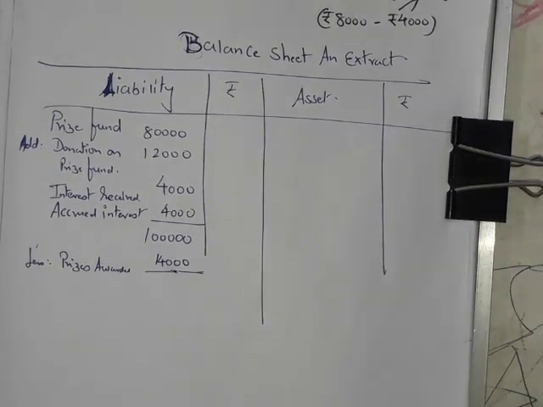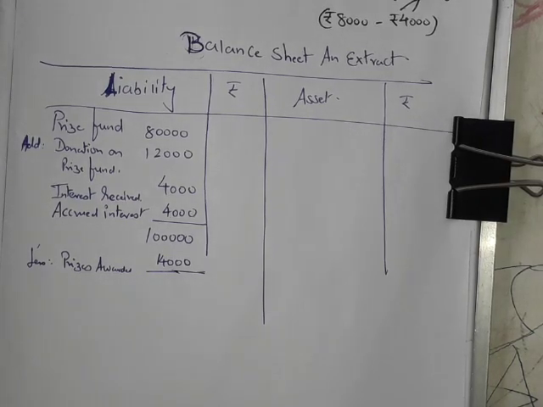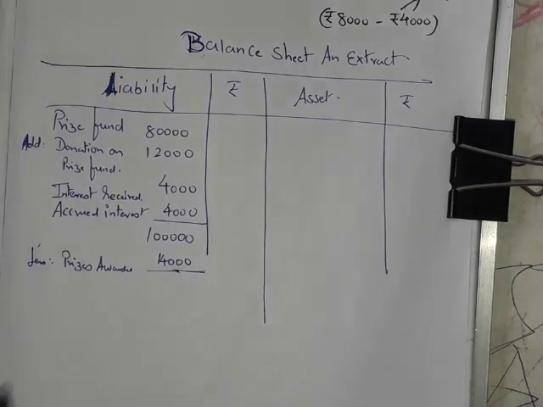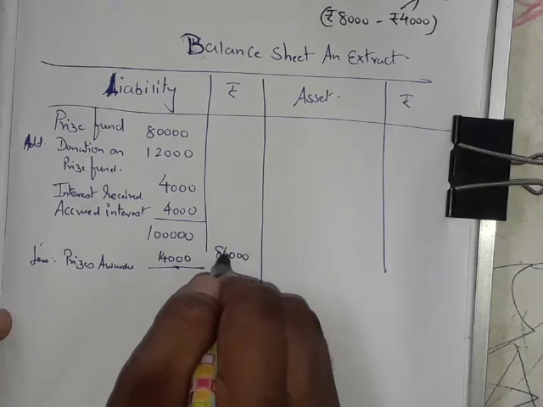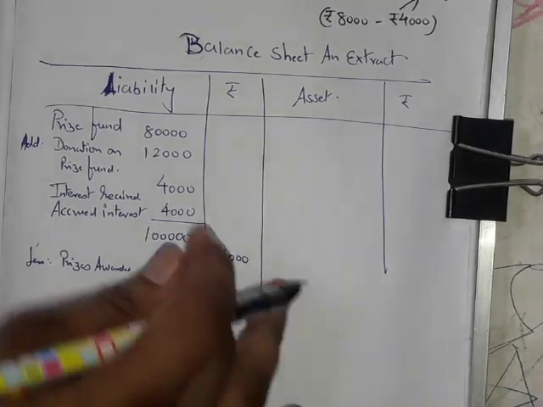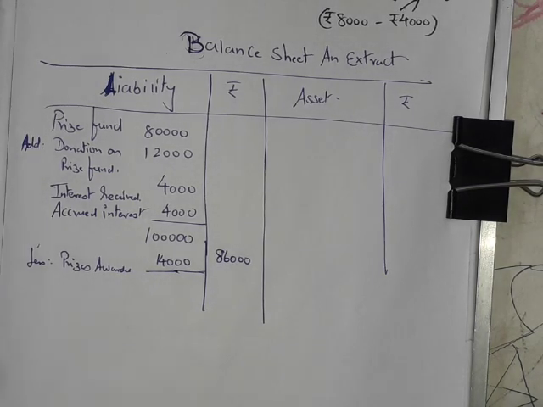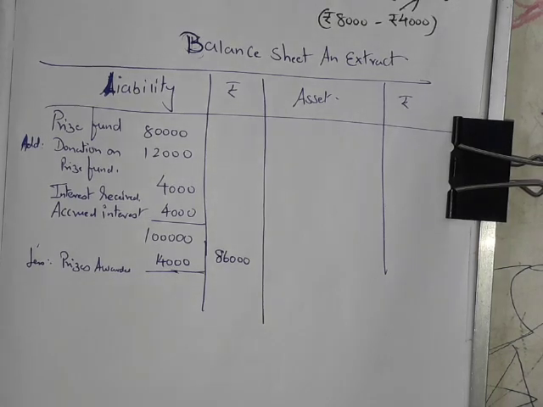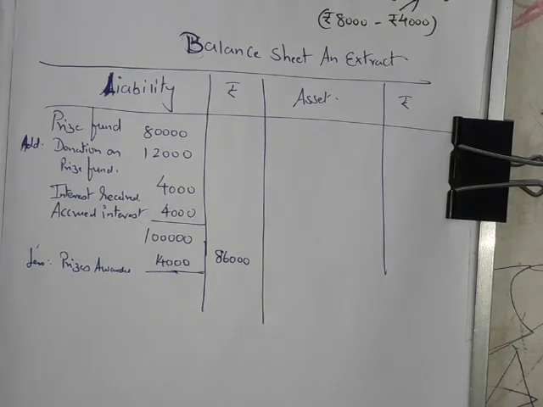If you subtract this 14,000 from the amount of 1 lakh, you will have a remaining balance of rupees 86,000. So this is the balance that will be left over under your prize fund for that particular year ended. So it is an extract. So the balance sheet and extract is what you will be preparing. Any doubts? Can we move on to the next segment?